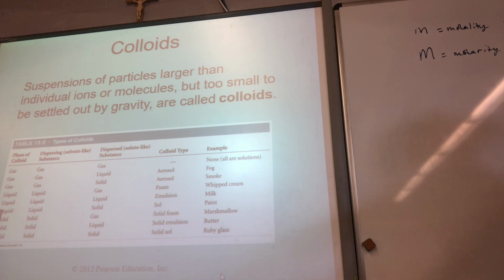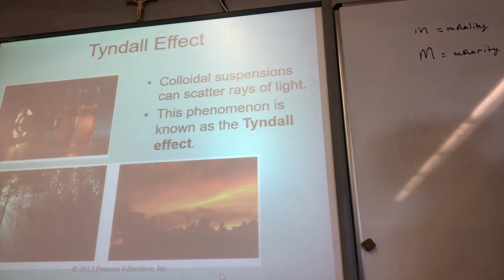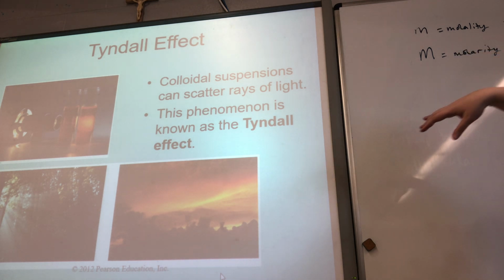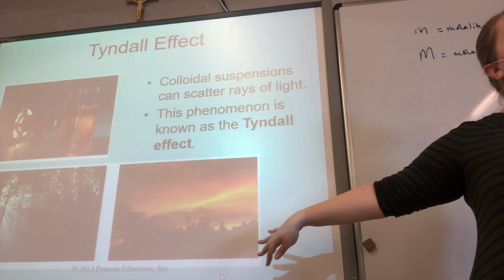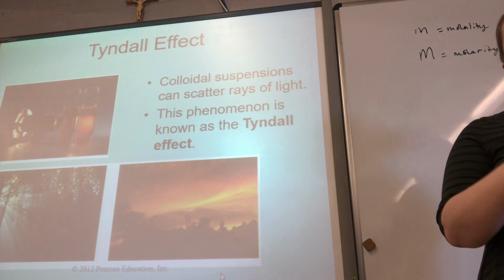Clump of something. Colloidal suspensions are interesting to study because they scatter light in these unpredictable ways. We refer to that scattering as the Tyndall effect. This scattering of the light is something that you can attribute to why sunsets look really cool, because it scatters light in these odd different ways.